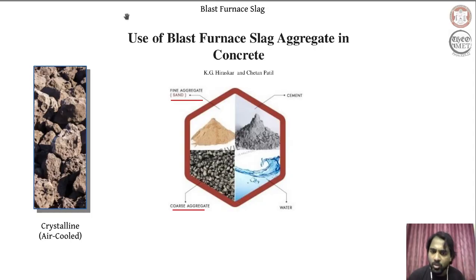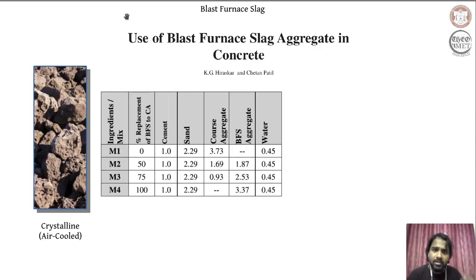So there was an extensive study wherein different grades of concrete were fabricated. At one end, the concrete was completely made of aggregates. On the other hand, we have a concrete that is completely made of blast furnace slag. And now the compressive strength, the most important physical or mechanical property of the concrete, was measured for all these grades of concrete.